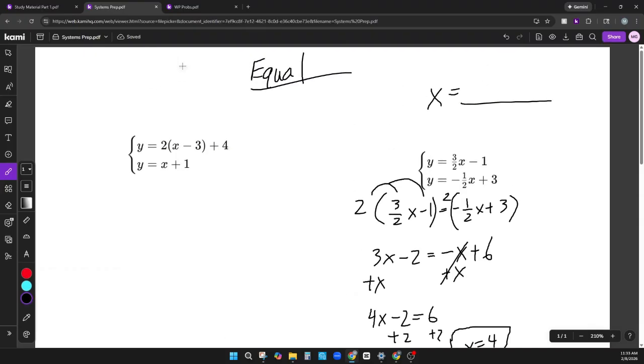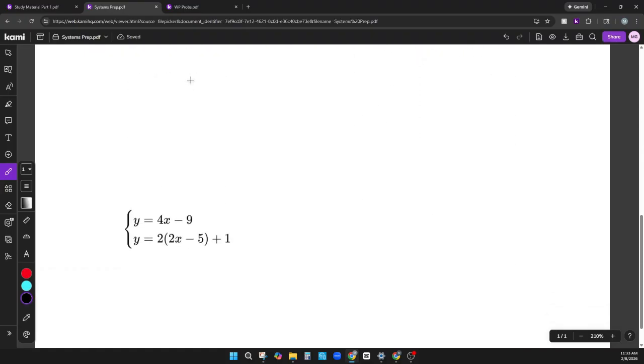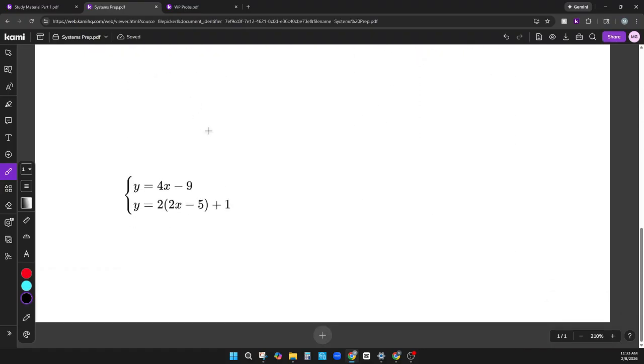I'm going to let you guys try this side out as much as possible. But what I will say is try and be aware of your different solution types. If you get one solution or two solutions, that's fine. You don't need to do anything about that. But remember that we also went over the fact that there are no solution types and infinite solution types.